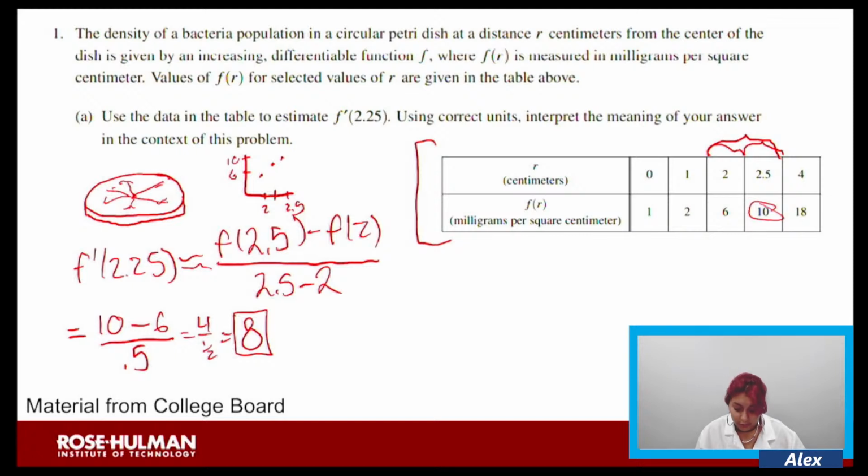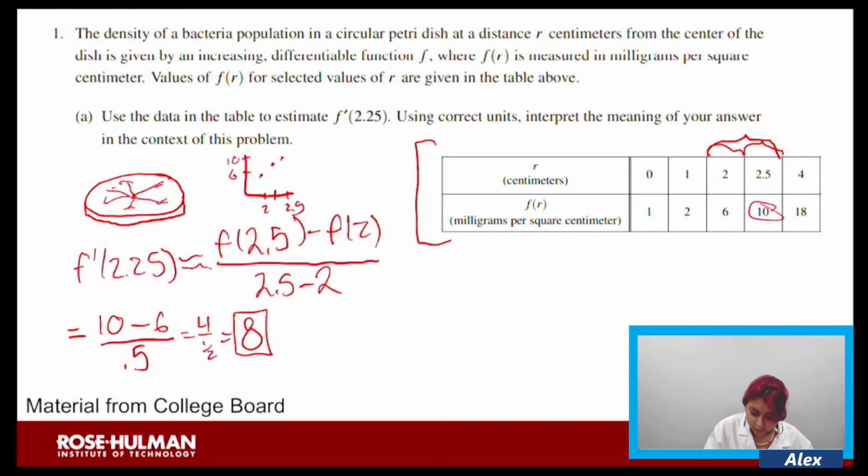And in correct units, that would be milligrams per square centimeter per centimeter, because at a distance of r equals 2.25 centimeters from the center of the Petri dish, the density of the bacteria population is increasing at a rate of 8 milligrams per square centimeter per centimeter.